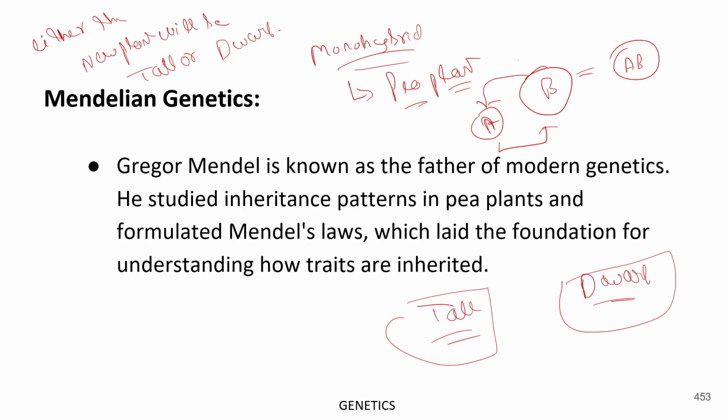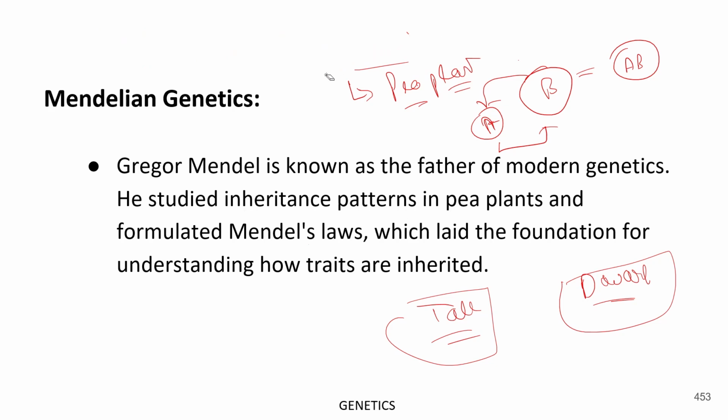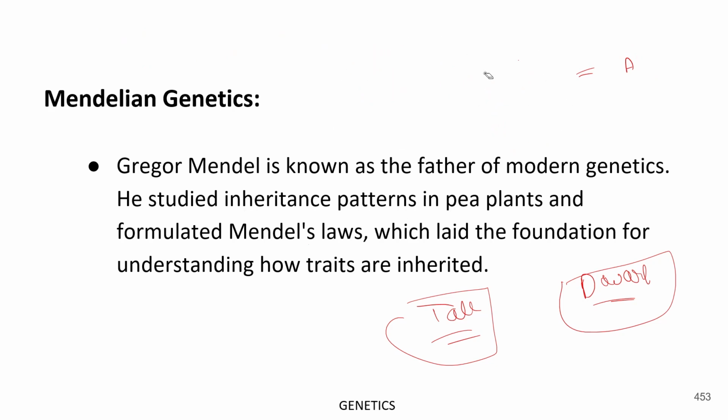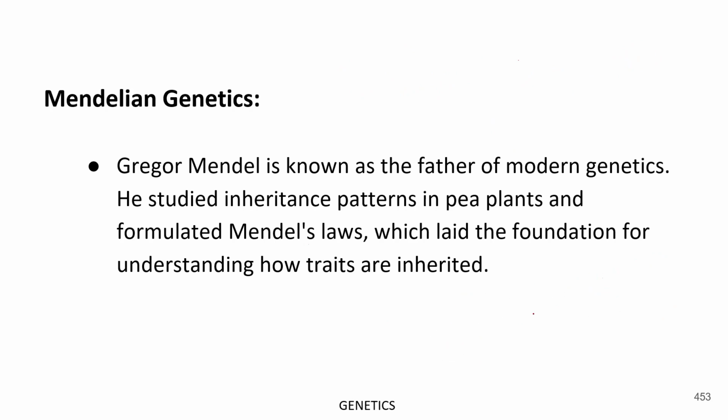Then he got some idea about it, but he wanted to make himself more sure before making any conclusion. So this time he enhanced the limit of his experiment, and now he did a dihybrid cross.